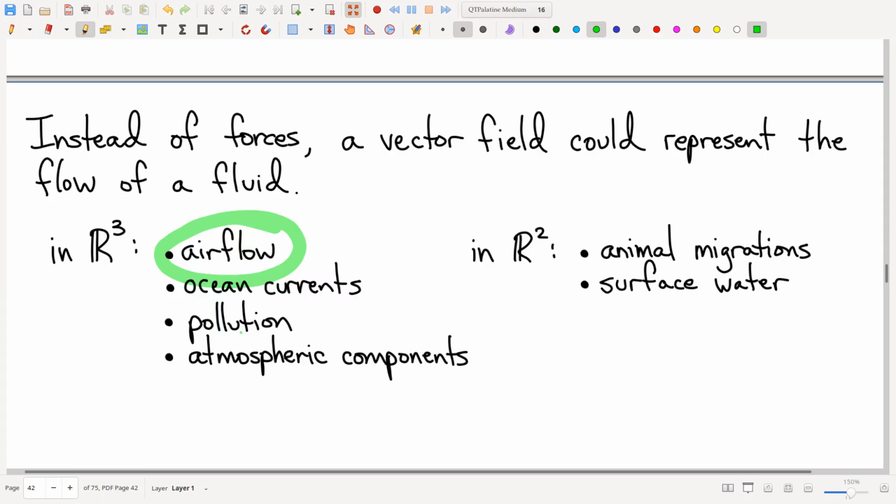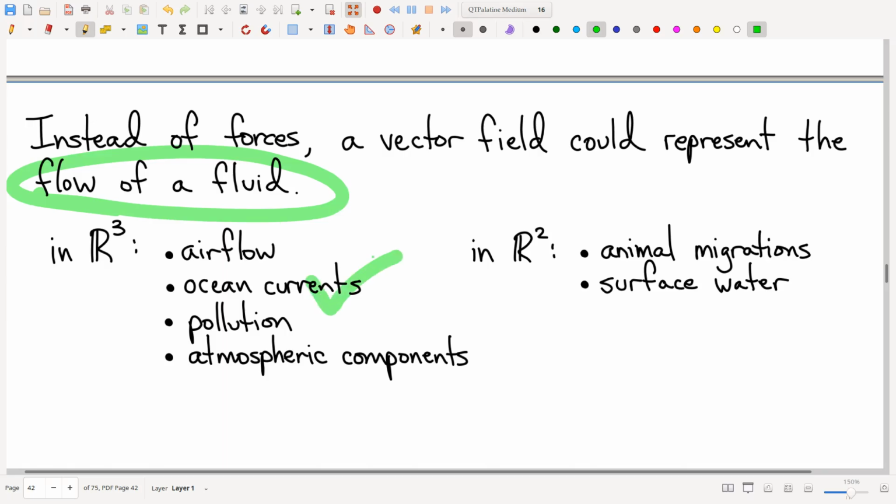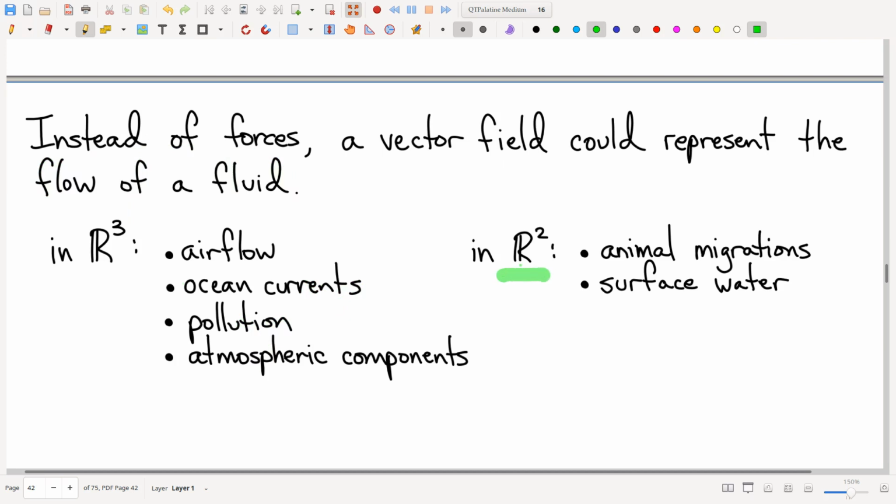So it's pretty relatable, I think. And pretty much any other flow of a fluid, right? So ocean currents, how pollution is moving around within the atmosphere, or on the surface of the earth. So there are some two-dimensional examples that I think make sense.